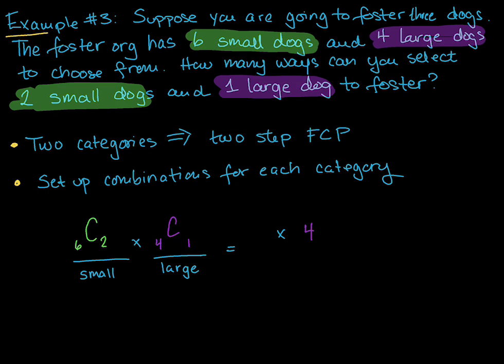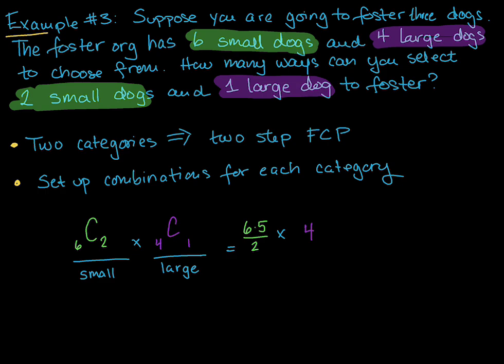But I happen to know that that's going to be 6 dogs for the first choice, 5 dogs for the second choice, but we've double counted, so we're dividing that by 2.